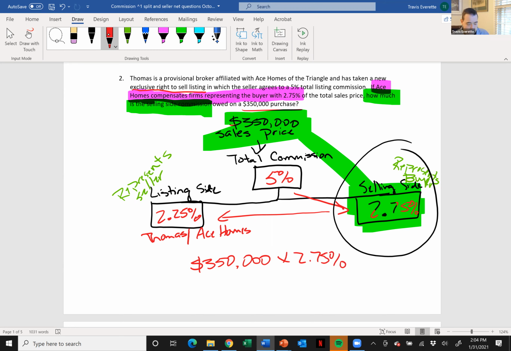And when I do that, 350,000 times 2.75%, I end up with $9,625 being paid on the selling side of that transaction. Now, I could have also calculated the listing side if I wanted to, but they didn't ask me for that. So I'm going to calculate the selling side, which is $9,625, and I'm going to move on with things.